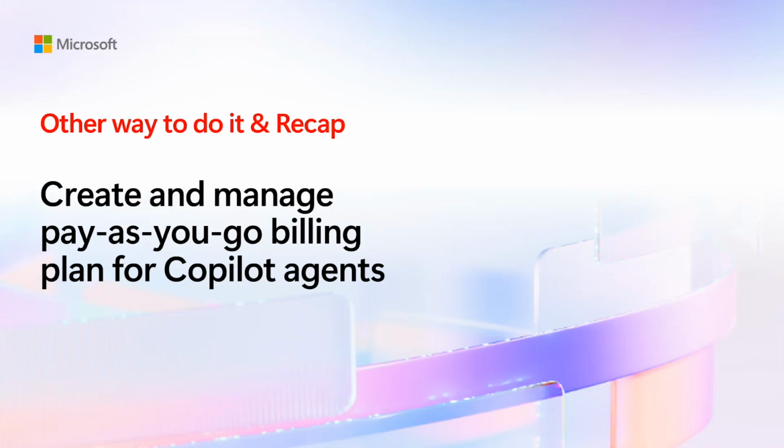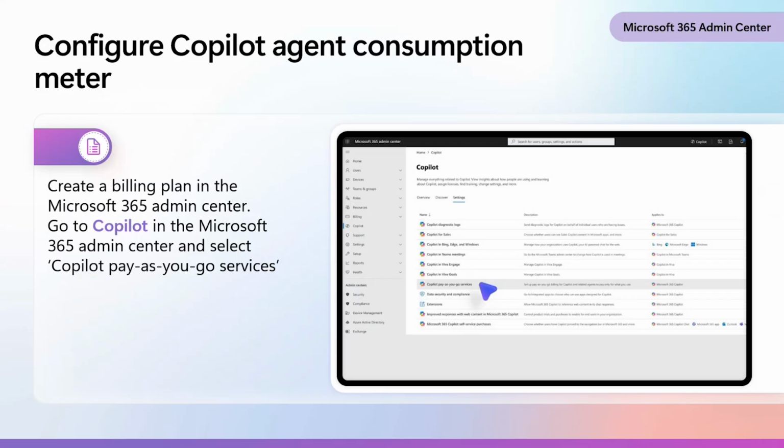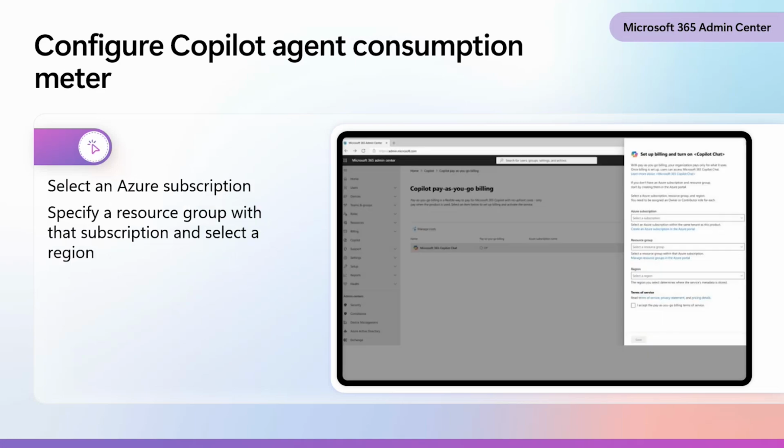So let me show you another way and do a small recap of the creation, management, and pay-as-you-go billing plan for Copilot agent. Here it's going to be under Microsoft 365 Admin Center. We only need to click on Copilot and then select Copilot pay as you go services. So one more time, it's going to ask you the same information. What is the subscription? Is it Azure?